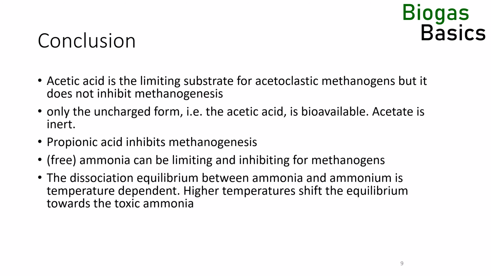The dissociation equilibrium of ammonium is temperature dependent. The higher the temperature, the lower the pKa value of ammonium and the higher the percentage of the toxic free ammonia. If nitrogen inhibition is a problem, lower the fermentation temperature. The bioavailability of acetic acid, propionic acid, and ammonia is pH dependent, and the pH itself is a function of the concentration of the total amounts of these species.